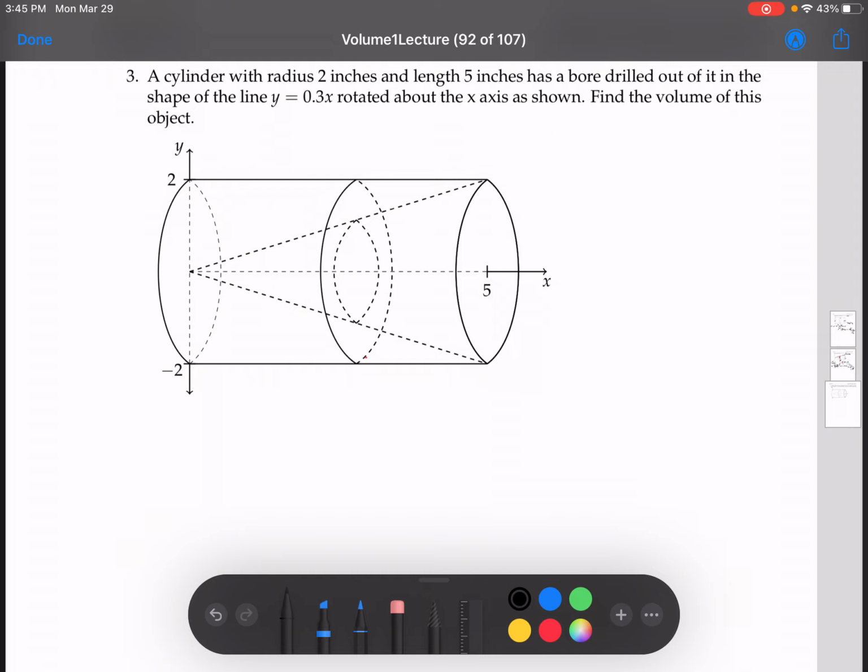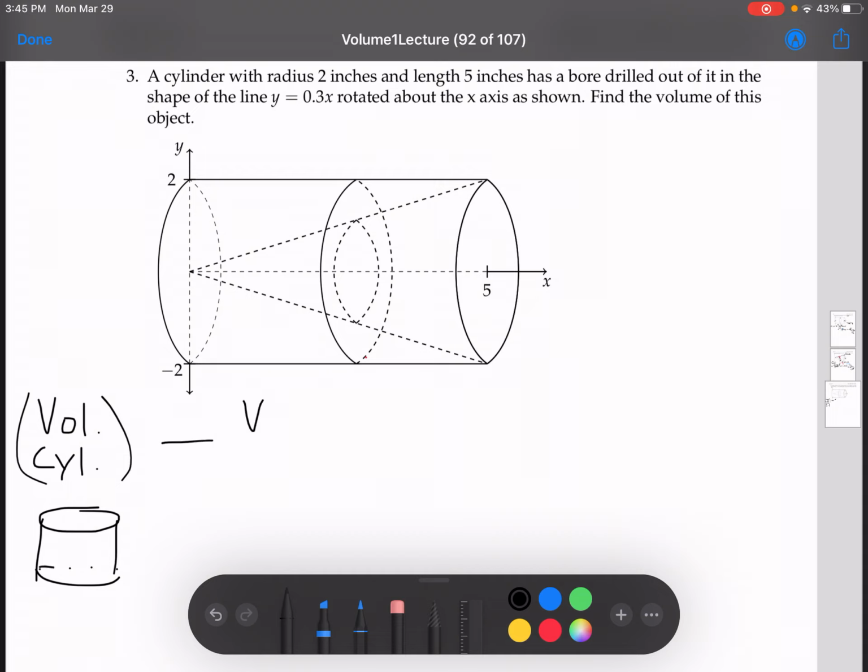So let's say, we have the volume of the cylinder, right, and that's just the whole thing. And we're going to subtract out the volume of the cone.